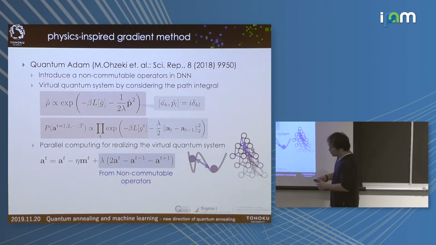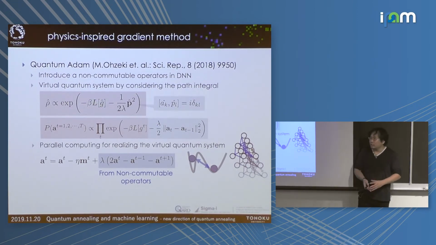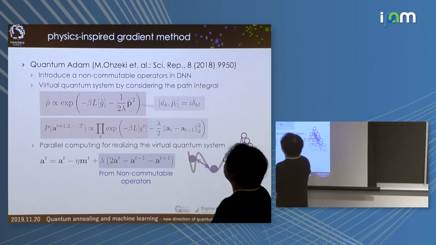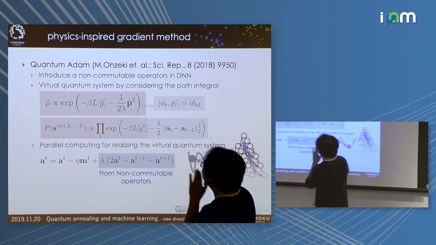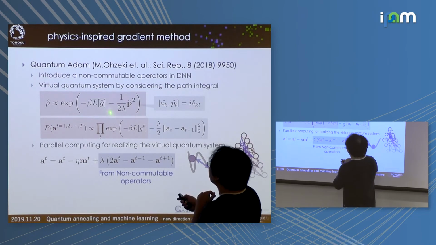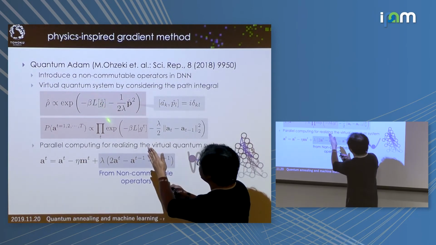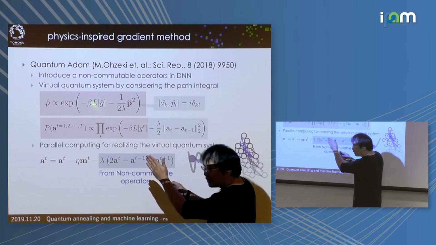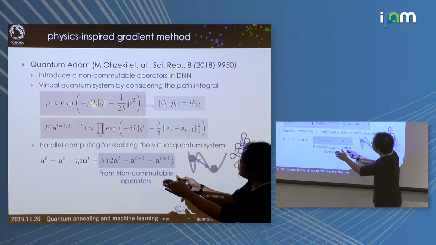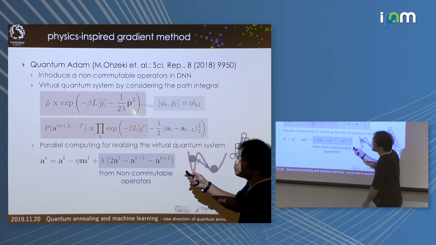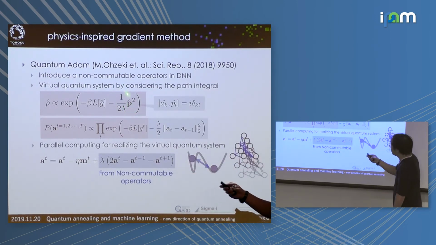L denotes the loss function of the neural networks. What is G? I forgot. Sorry, maybe G is originally the weights of the neural networks. So you consider the optimization problem of the weights of the neural networks with the loss function, and then we introduce quantum fluctuation. That is the problem setting.